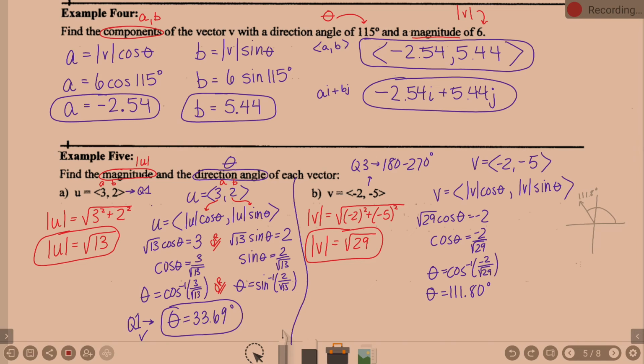Where am I supposed to be? In quadrant 3. So here's the deal. I need an angle that is, think reference angles here, essentially across the x-axis from it. So what are options mathematically of how I could get that?